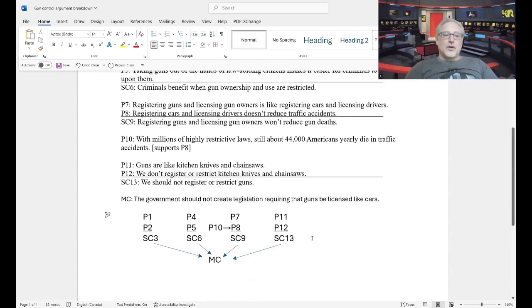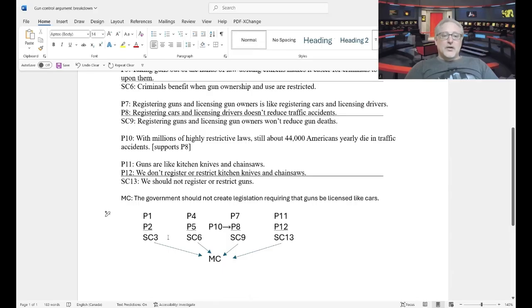So if SC 3, 6, 9, and 13 were part of a deductive argument, well, then they would have to work together. They wouldn't support the main conclusion independently, and we would represent that differently. It would look more like this image that I'm going to magically insert now with the power of editing. Abracadabra.